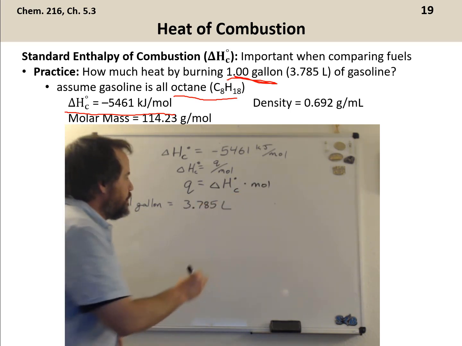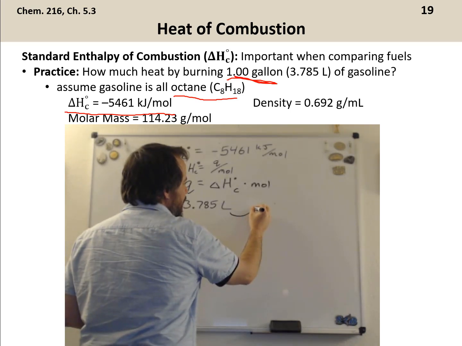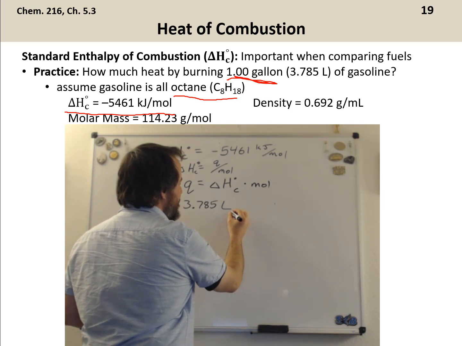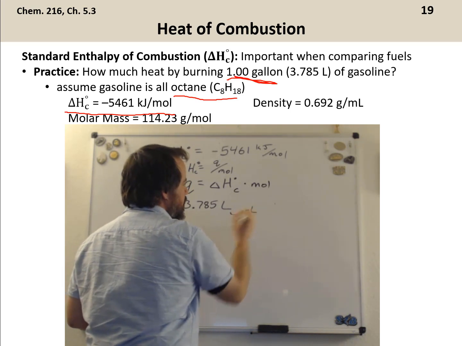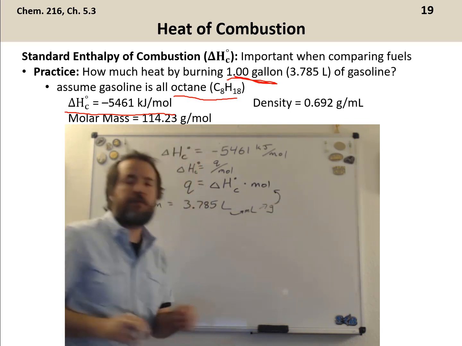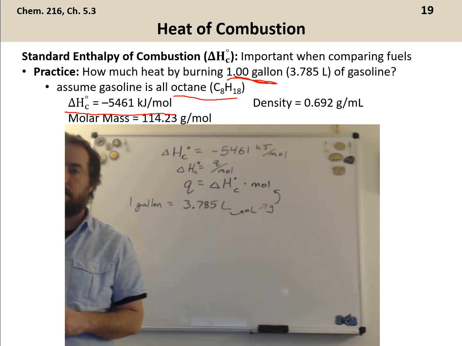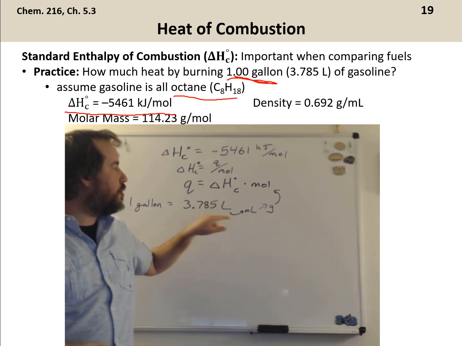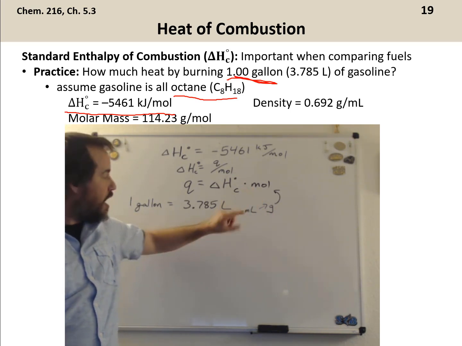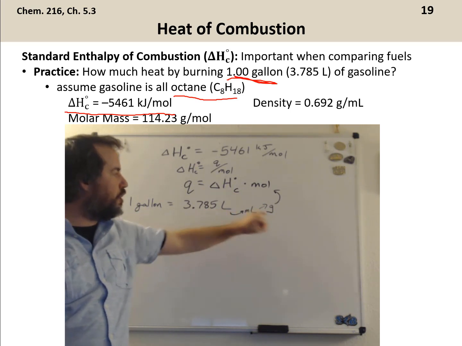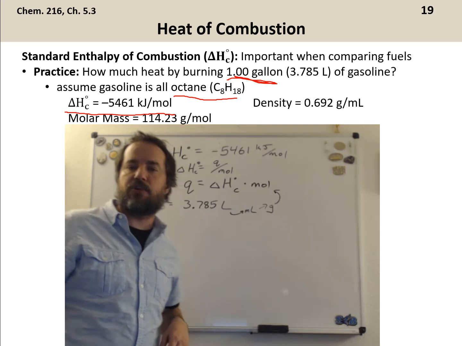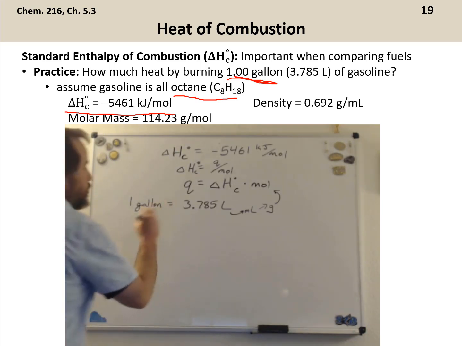We can go from liters to milliliters, milliliters to grams, and then from grams to moles. Why do we go this route? Because we know how to go grams to moles, right? And we know that if we know a volume, we can get to grams based on the density. And that's given to us here.